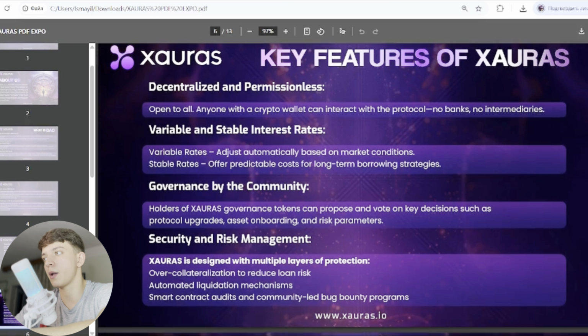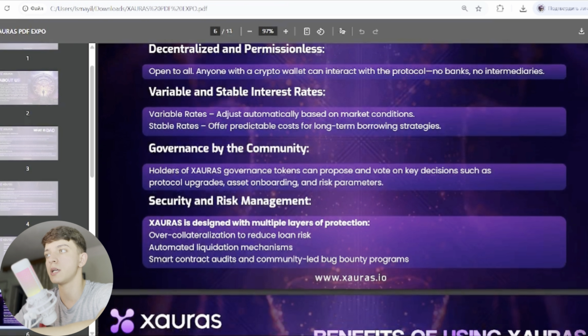Governance by the community: holders of Xauras governance tokens can propose and vote on key decisions such as protocol upgrades, asset onboarding, and risk parameters. The last one is security and risk management. This platform is designed with multiple layers of protection: overcollateralization to reduce loan risk, automated liquidation mechanisms, smart contract audits, and community-led bug bounty programs.